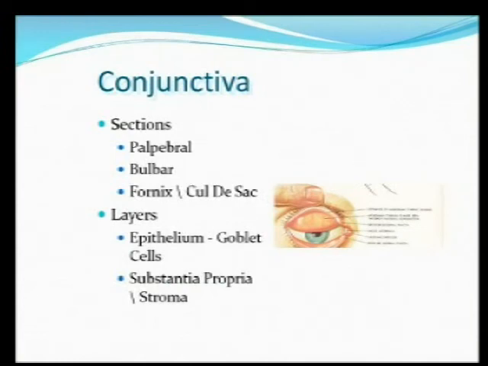So for normal activity, it's secreting mucus that makes up part of your tear film. It also reduces friction. We'll talk about that more in a minute. The deeper layer of the conjunctiva is known as the substantia propria, or simply called the stroma. So two layers in the conjunctiva, and we'll see how they start to merge into the five layers of the cornea.